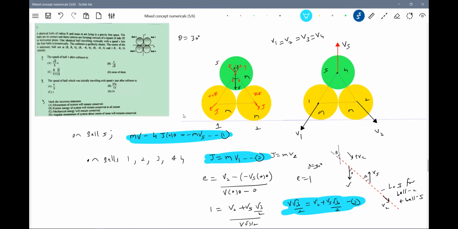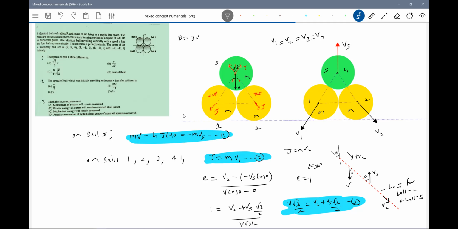Very simple. Somehow the student has to imagine. So that imagination clarity is what is needed. Like that, the impulses will be there. So why 4J cos theta is very important. Anybody, can you?